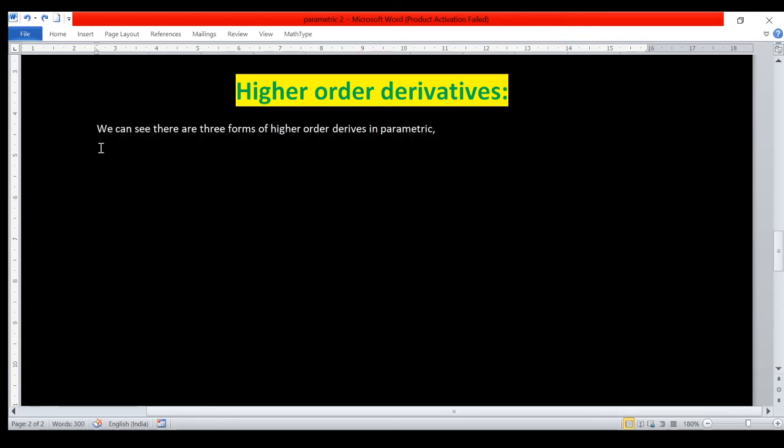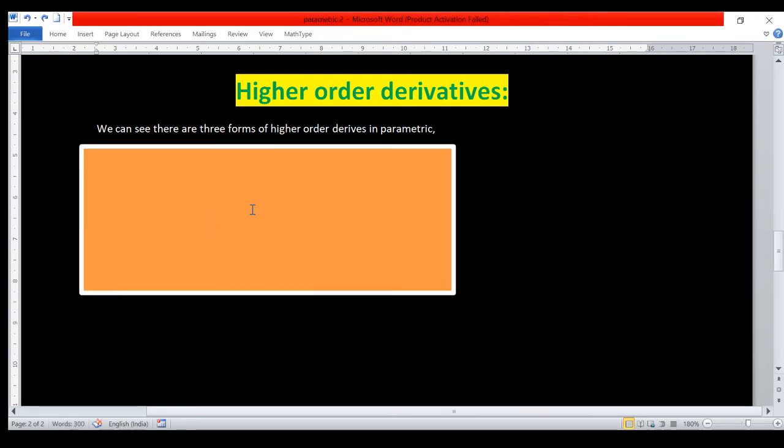Repeatedly we have to take derivatives. Here we can see there are three forms of higher order derivatives in parametric form. In the regular form y is equal to f(x), there is only one higher order derivative, the second order derivative. But here there are three forms, because it depends on three variables.